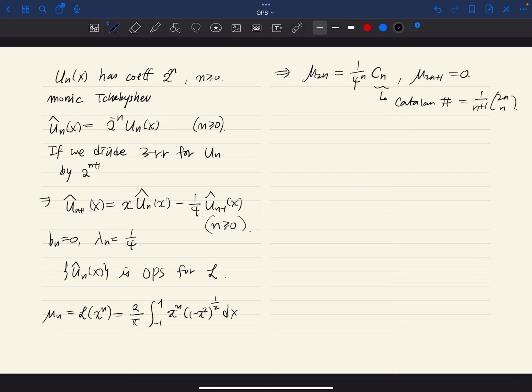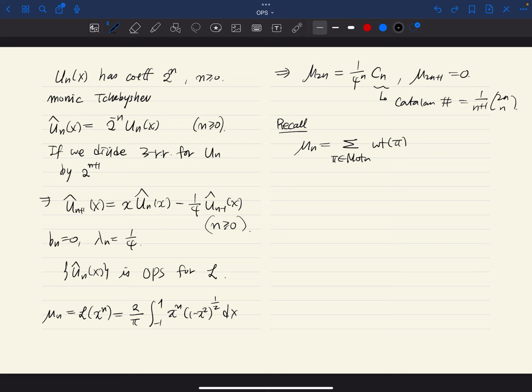But we can prove this immediately using the combinatorial model for the moment. Recall, the moment is the generating function for all Motzkin paths, the weight sum of the Motzkin paths, where the weight is the product of all the weights of the steps.